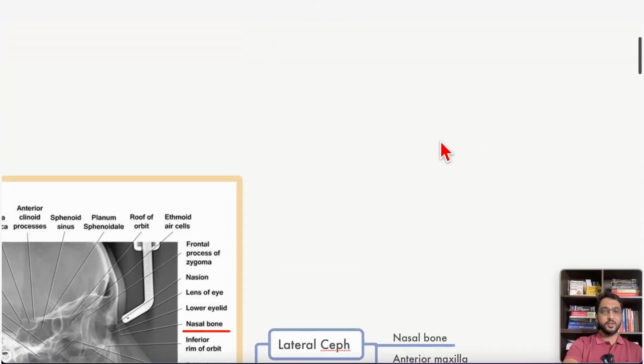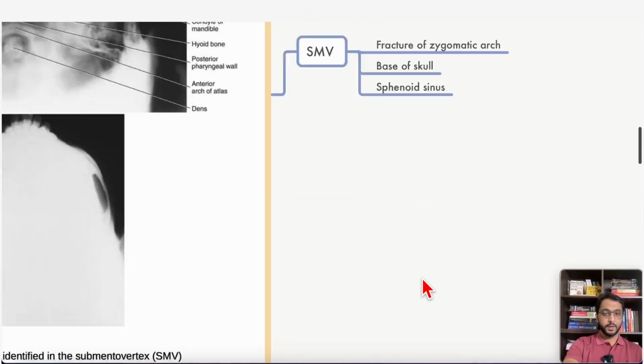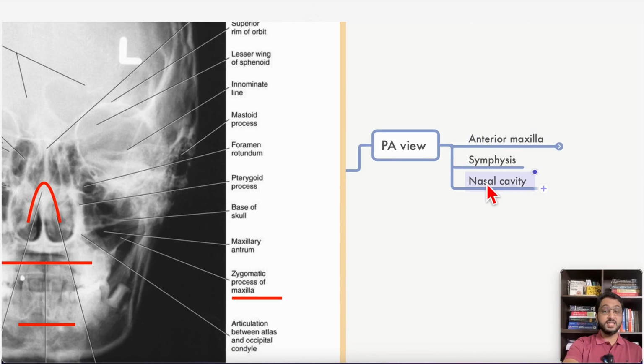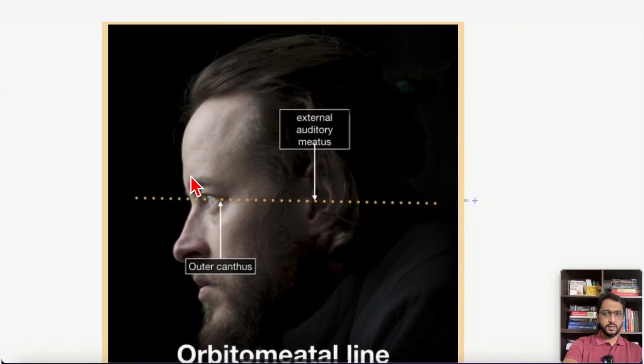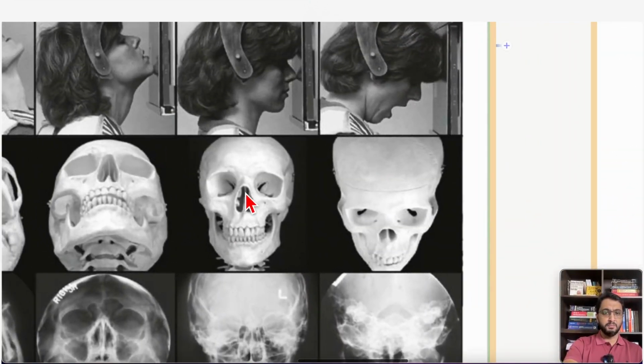We saw lateral ceph: nasal bone and anterior maxilla. PA ceph is very much related to it: anterior maxilla, nasal cavity, and definitely your anterior mandible also. So nasal cavity is this, the inner part of it. You can clearly visualize it in this particular picture. If you're just simply looking straight forward, you see what?